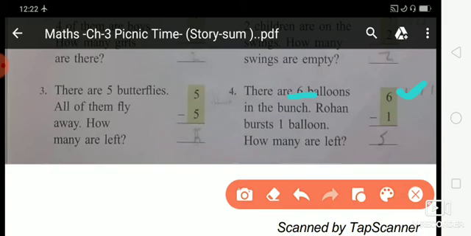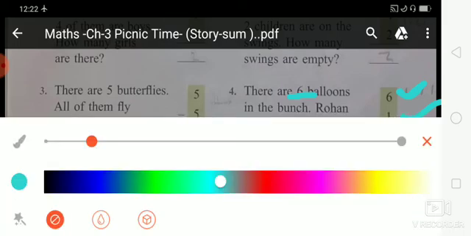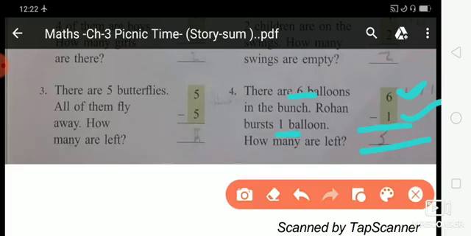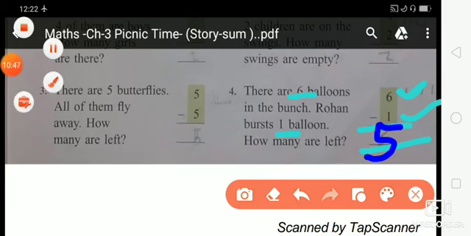After that write your number 1. 6 minus 1 is 5. So how many balloons are left? 5. The answer is 5.